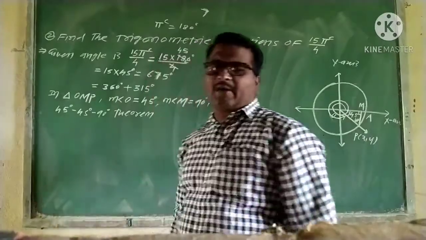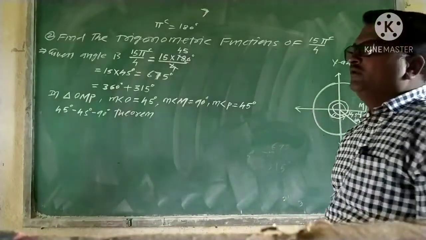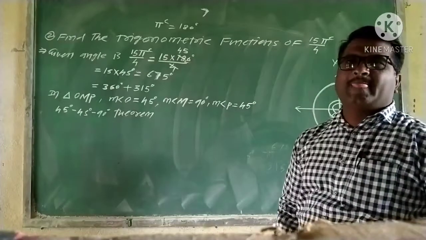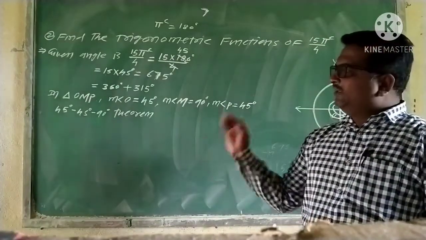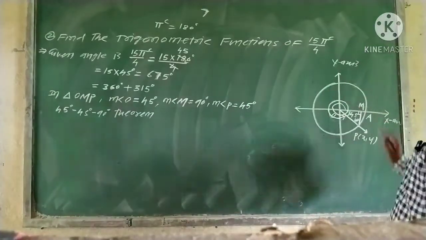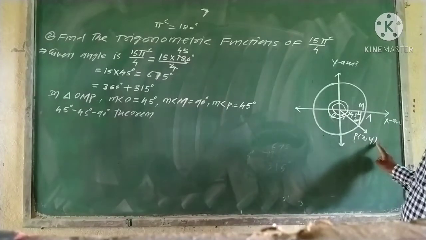By this theorem, the side opposite to the angle of measure 45 degrees is equal to 1 upon square root 2 times the hypotenuse. Now let us see this in the figure. This is the point P.